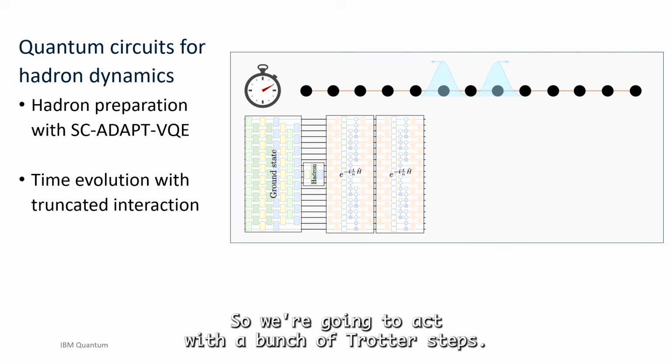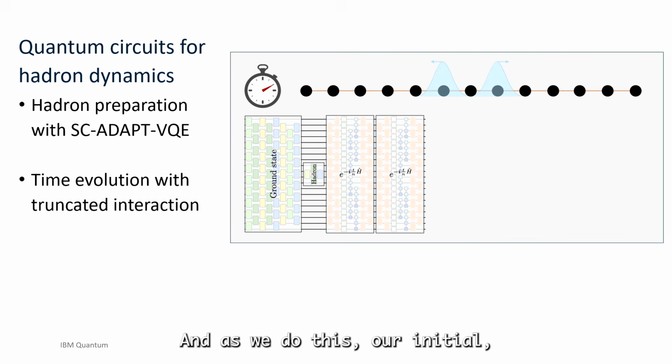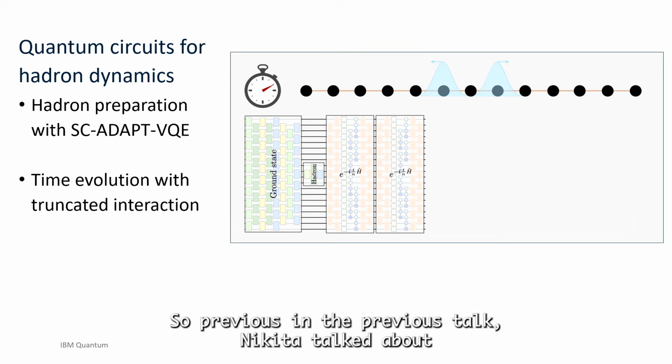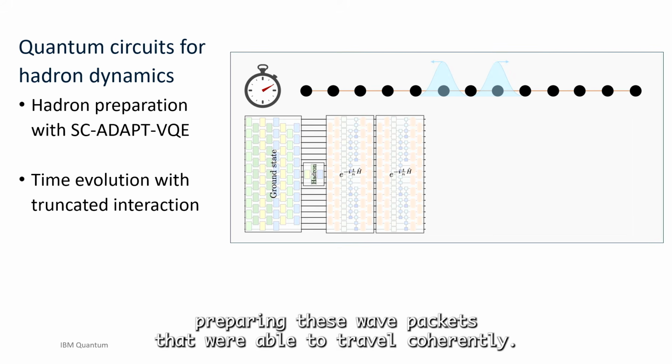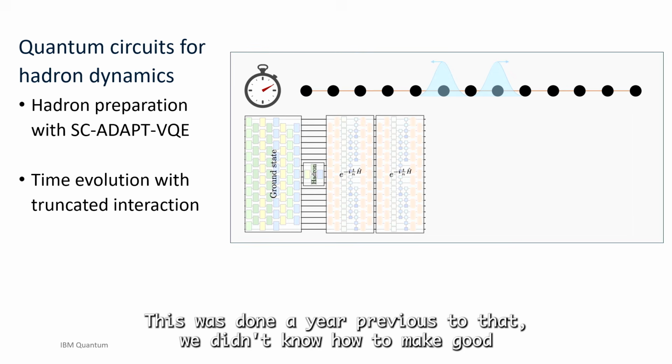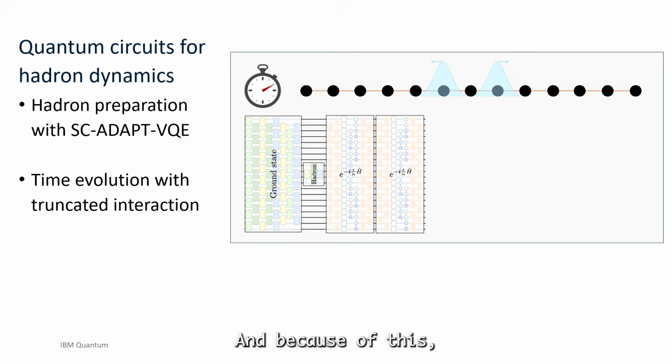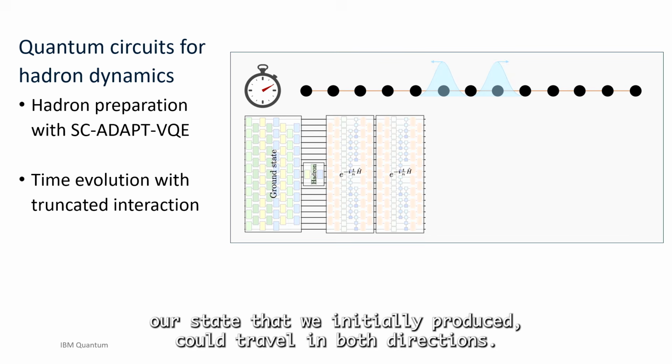So we're going to act with a bunch of Trotter steps, and as we do this, our initial hadronic excitation is going to spread out. In the previous talk, Nikita talked about preparing these wave packets that were able to travel coherently. This was done a year previous to that, where we didn't know how to make good wave packets. So we weren't able to have resolved momentum. And because of this, our state that we initially produced could travel in both directions.